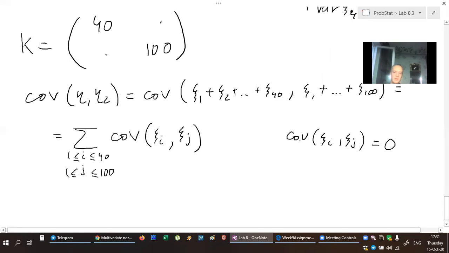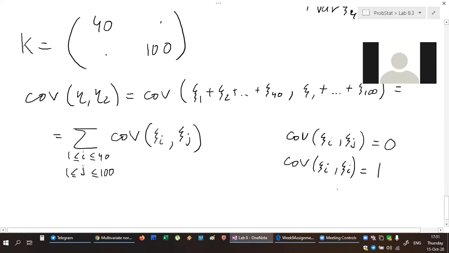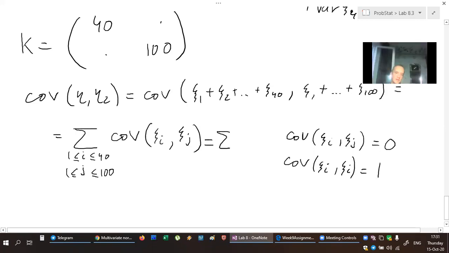I think 0, because they are independent, so covariance is equal to 0. But if i is equal to j, then what? 1. Yes, because this is a variance, so we have to sum up 40 times number 1. So we have 40 here and 40 here.